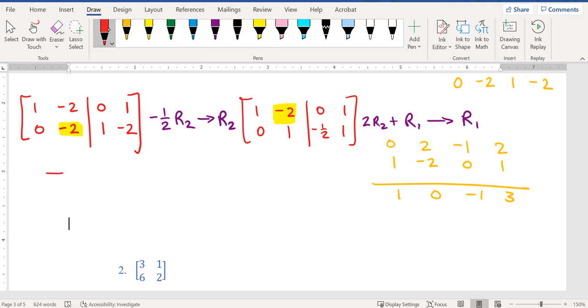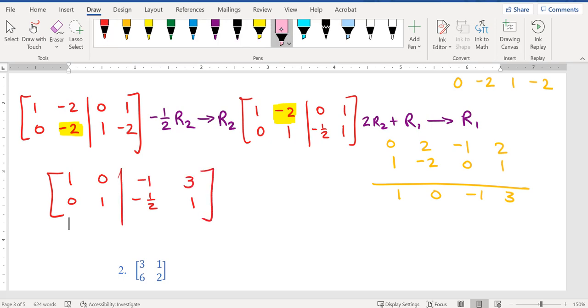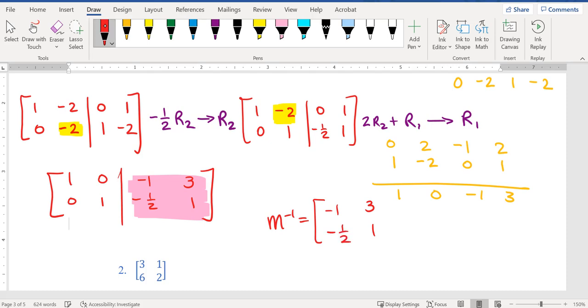I leave row 2 alone, and my row 1 is 1, 0, -1, 3. So here is my M inverse: -1, 3, 1, -1/2.